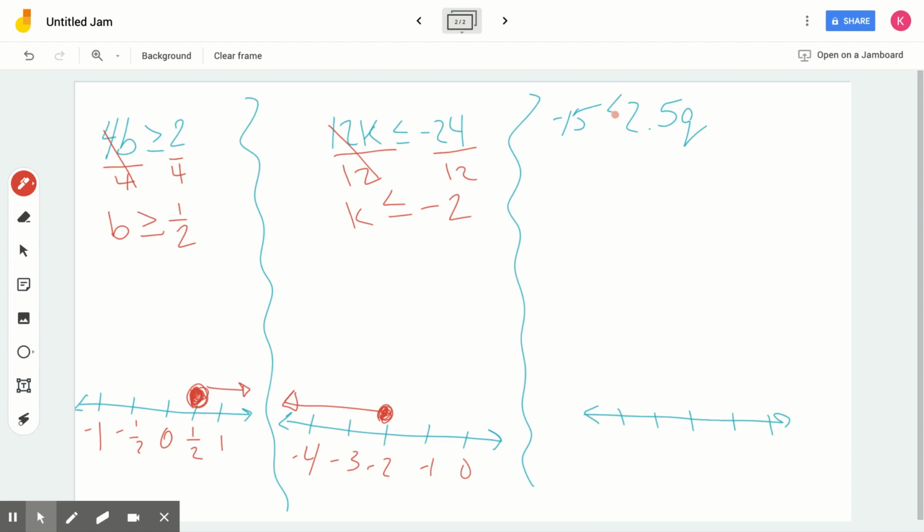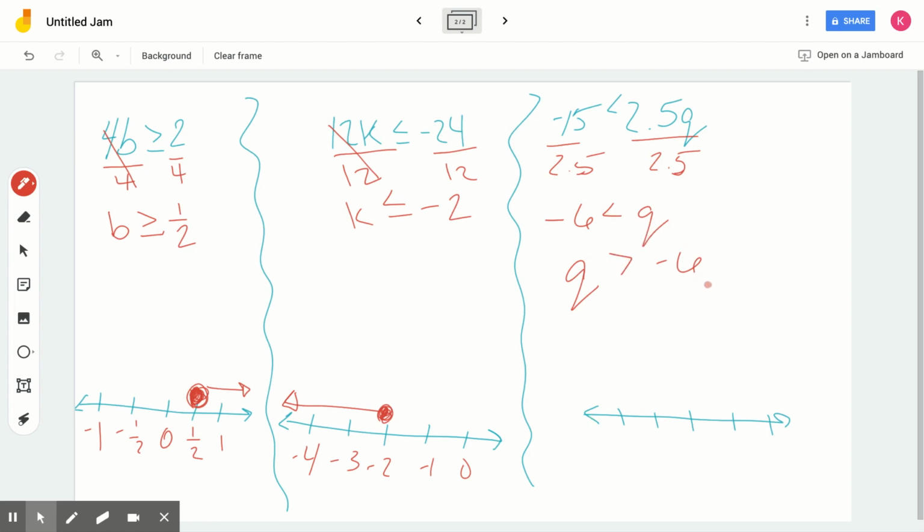Here we have negative 15 is less than 2.5q. So dividing by 2.5 on both sides. Again, a negative divided by a positive is a negative. 15 divided by 2.5 is 6. Remember that when the variable's on the right side, we want to switch it. Keep that inequality symbol facing the variable.